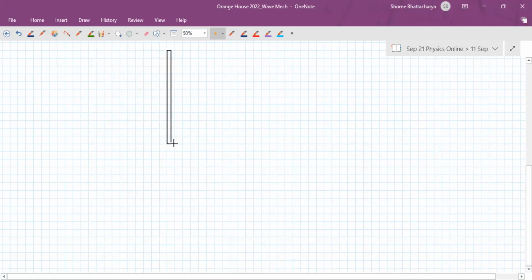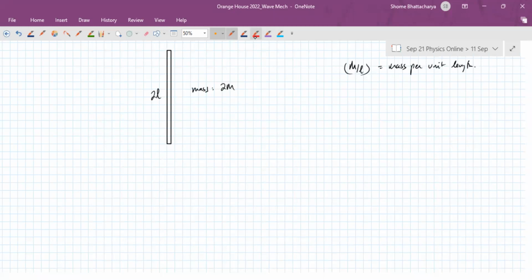You can treat, since this is a rod of length 2L, its mass as 2m, let's say, where m by L is the mass per unit length of that material. So this is, let's say, rod 1.